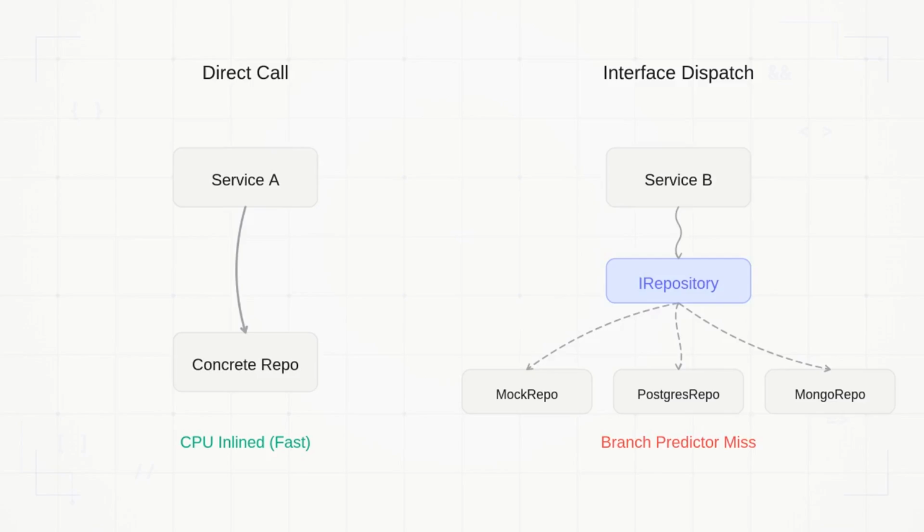The CPU can't easily predict which implementation will execute, defeating instruction caches and branch predictors. For a single request, this nanosecond penalty is invisible, but scale that to tens of thousands of requests per second, and suddenly your CPU is spending a significant fraction of its cycles just figuring out which code to run.